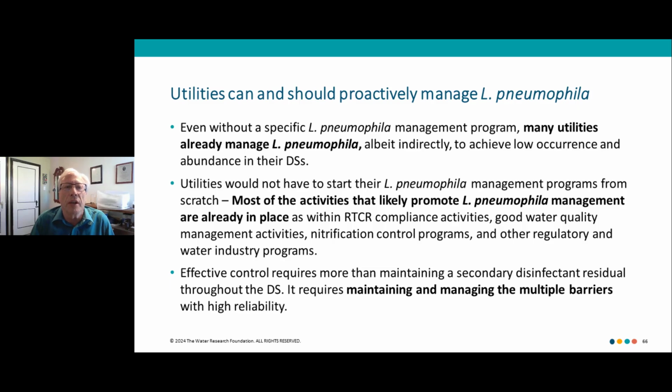Most utilities have activities that promote that management, especially under the revised total coliform rule, nitrification control programs, and other water industry best practices. So the multiple barriers should already be in place for much of what we've been talking about and what we need.